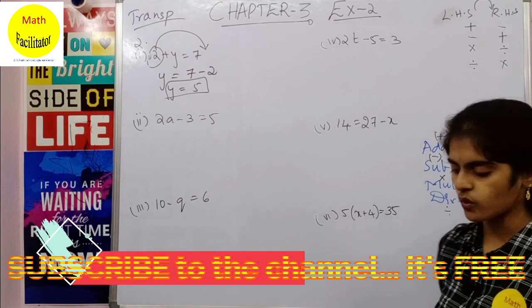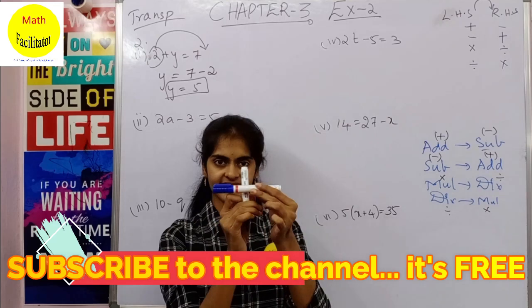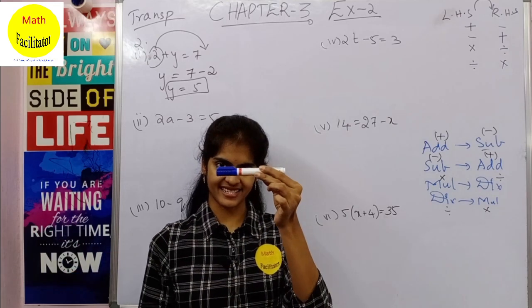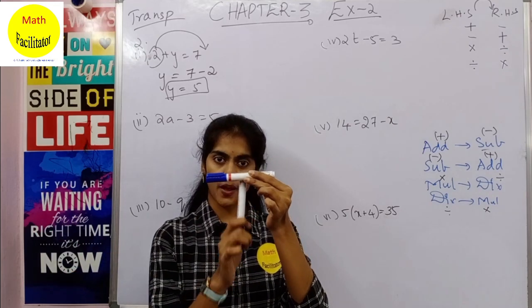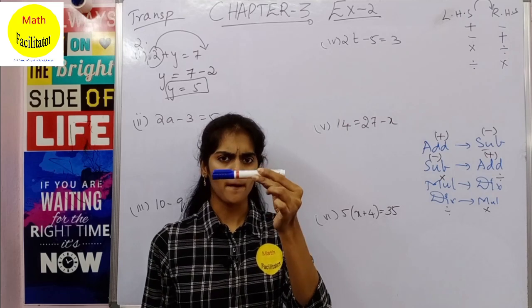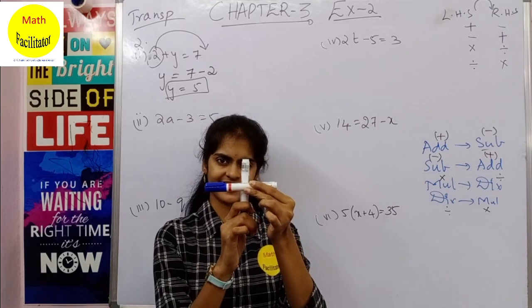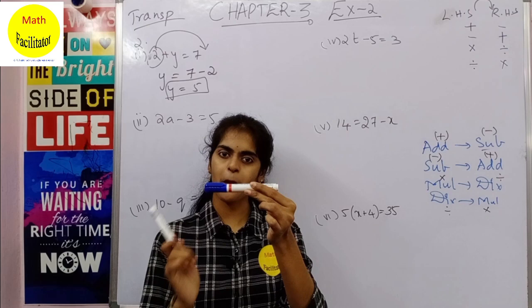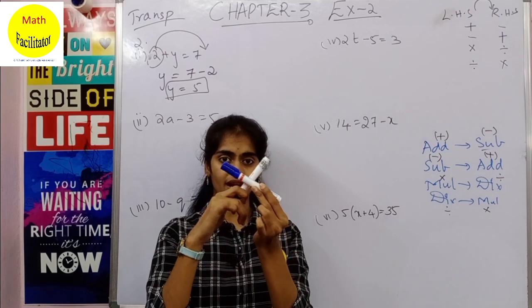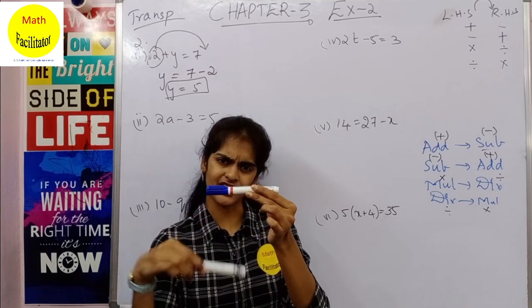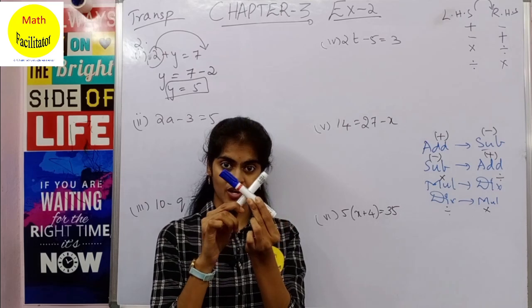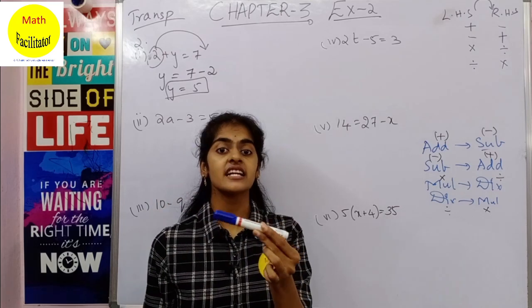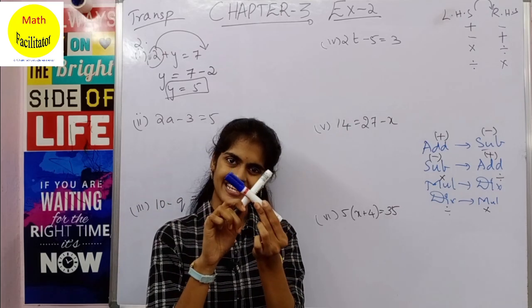Clear? So plus becomes minus, minus becomes plus, multiplication becomes division, division becomes multiplication.